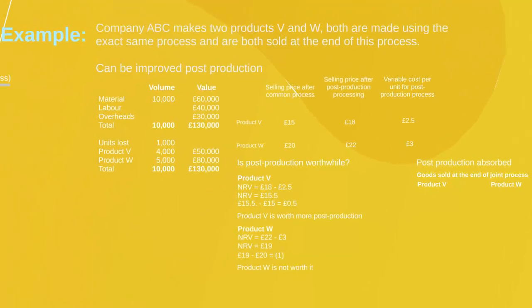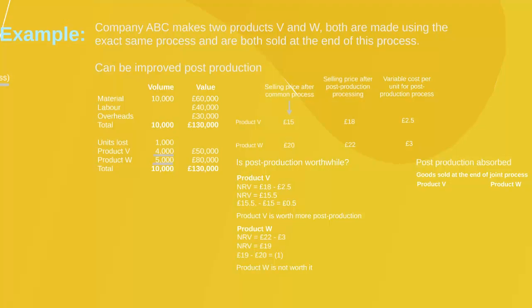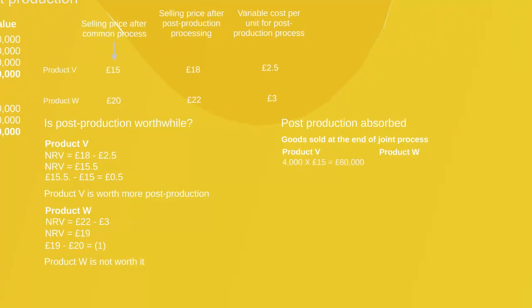Looking at our costs now, we've got 4,000 product Vs and 5,000 product Ws. And now they can be sold for £15 and £20 respectively at the end of the common process. So that's 4,000 times £15 giving us 60,000, and 5,000 times £20 giving us 100,000.